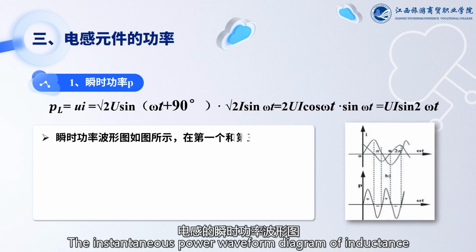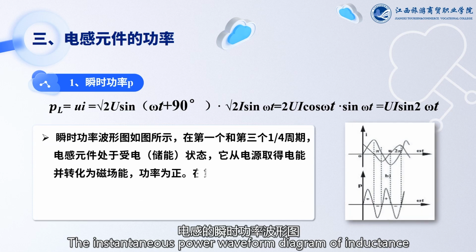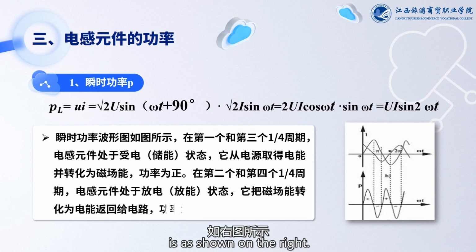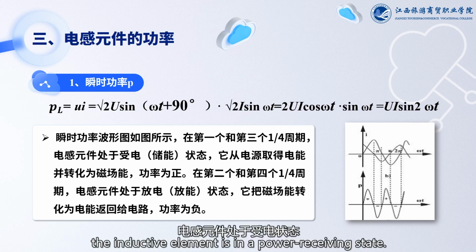The instantaneous power waveform diagram of the inductance is shown on the left. In the first and third quarter cycles, the inductive element is in a power receiving state.